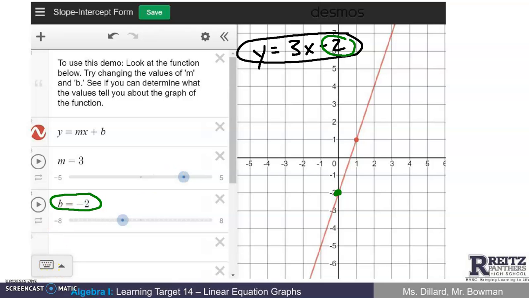What m affects, and actually decides and determines, is the slope. This number 3 here also means that the graph has a slope. If you think about rise over run, going up 3 and right 1, you would say that the slope is positive 3 over positive 1, which is just 3.